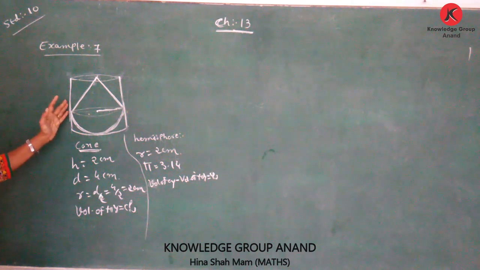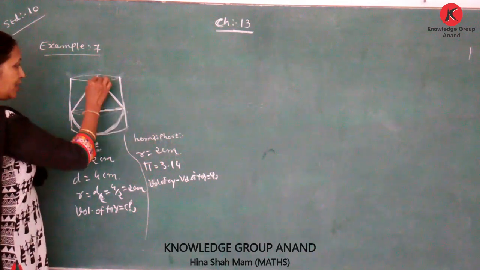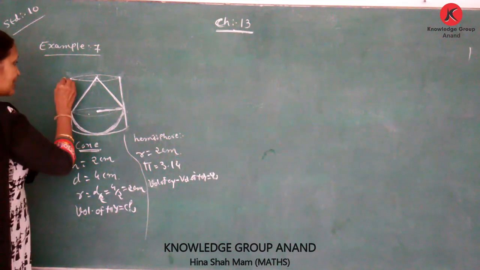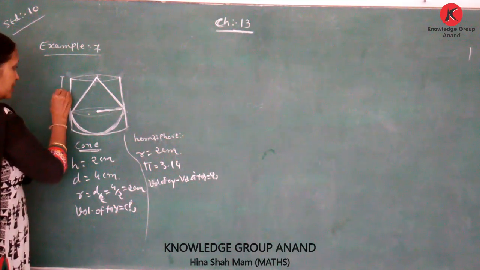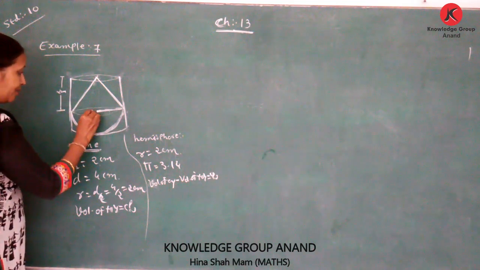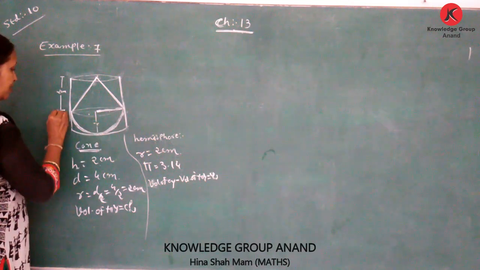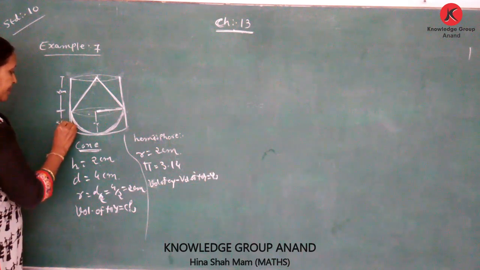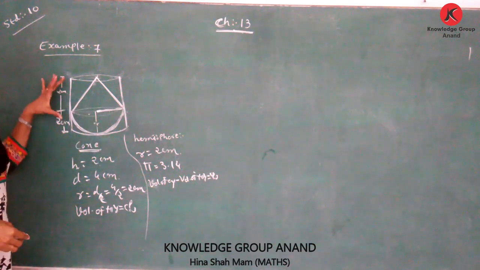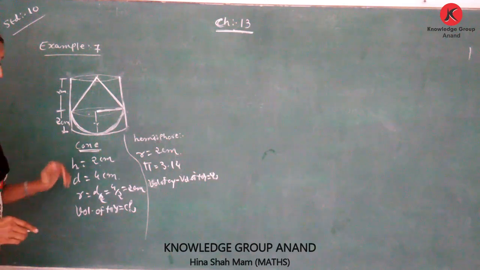For the cylinder, the radius is equal to 2 centimeter. And what is its height? The height of the cone is equal to 2 centimeter, and the radius is also 2 centimeter. Then the height of the cylinder is equal to 2 plus 2, which is 4 centimeter.